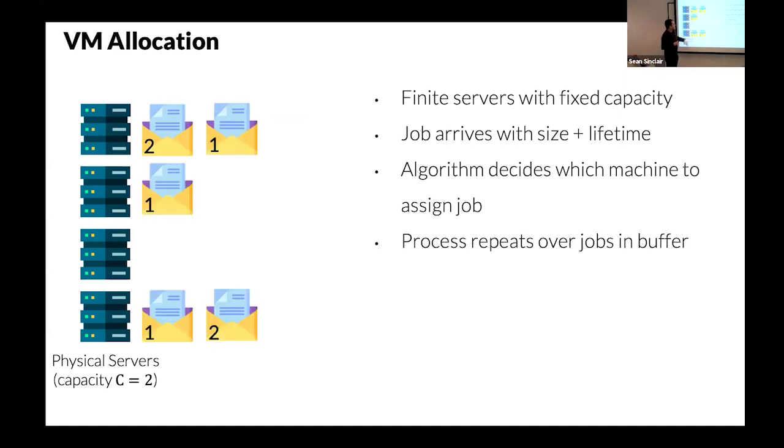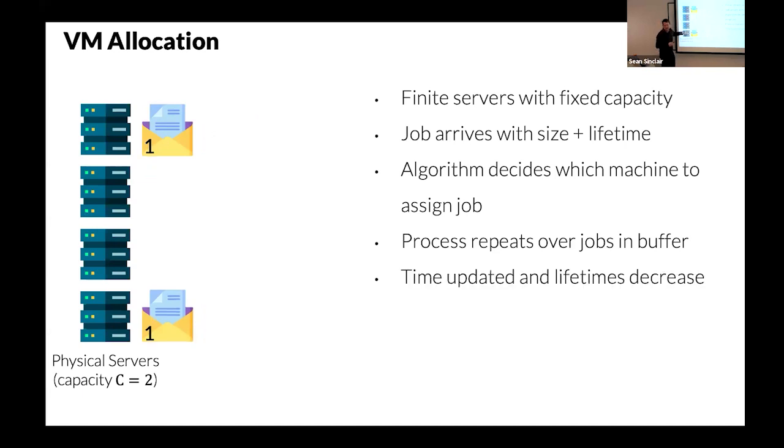And then some new jobs come, right? So you have lots of new jobs, you've made lots of decisions, updated the remaining capacity on each of the different servers, right? And then some time is going to pass. So all of these servers that you only use for 1 day, they finish and they leave the system, and the remaining jobs, their lifetime decreases by 1, right?